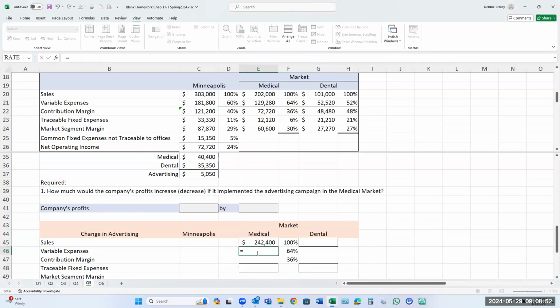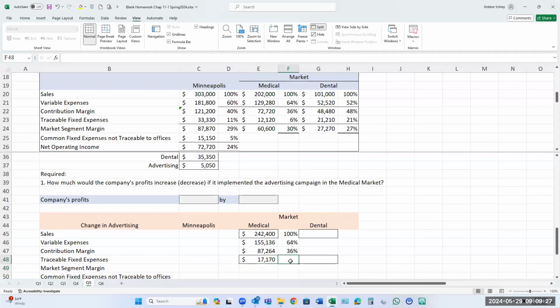So I can figure out my new variable expenses by taking the variable expense ratio times the new total sales. And then I can subtract sales minus variable equals contribution margin. Now, traceable fixed. This is where we add that advertising cost. If we're going to do it in the medical, it would be the traceable fixed from before plus the increase in advertising cost.